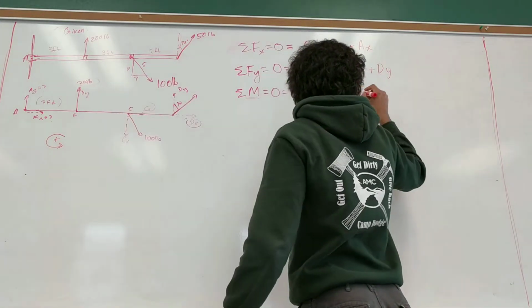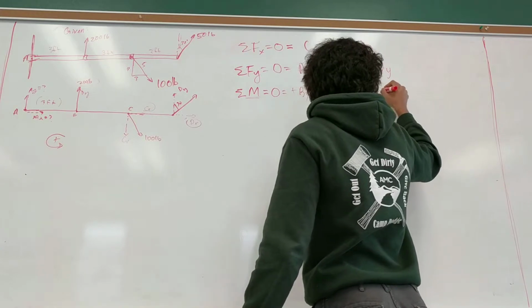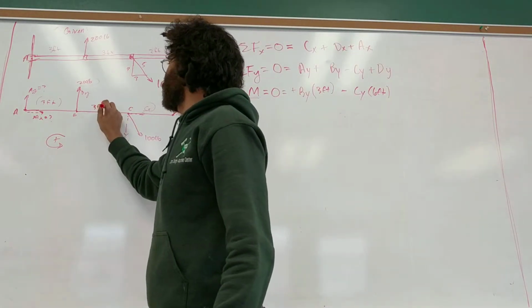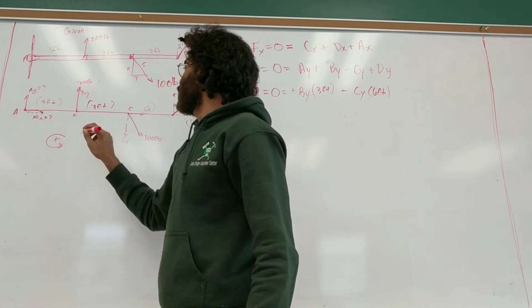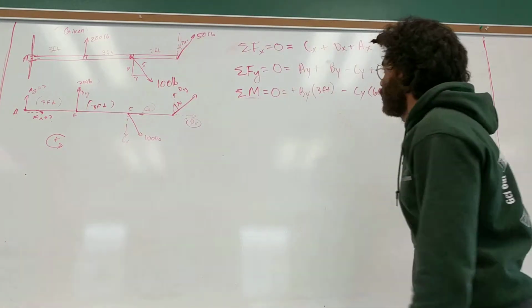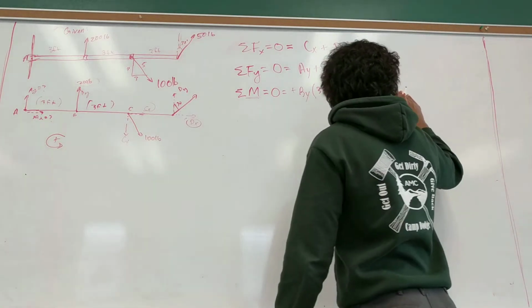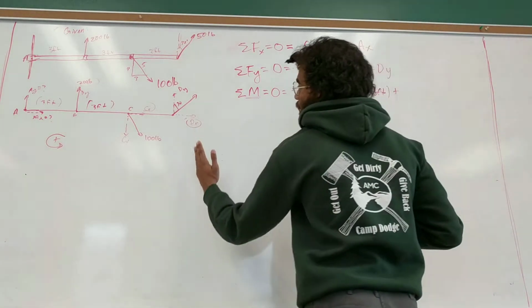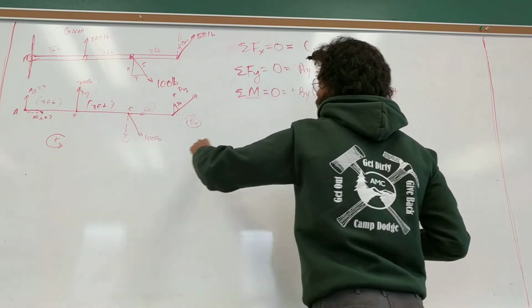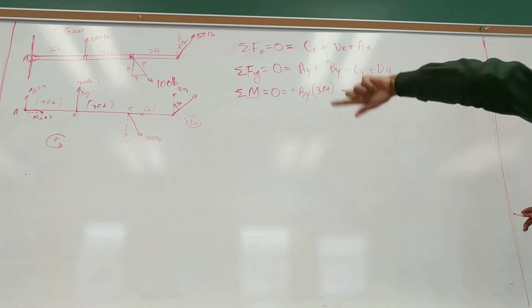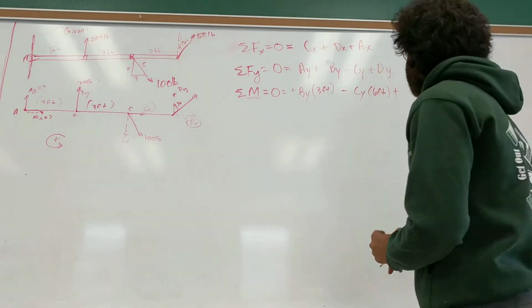So we get minus CY times 6 feet, and the reason it's 6 feet is because we have 3 feet plus 3 feet. Now this one, oh no, it'll be plus this one, sorry. This one would be plus because it's going up and around this way. Clockwise would be this way, so it's going counterclockwise, which means it's positive.